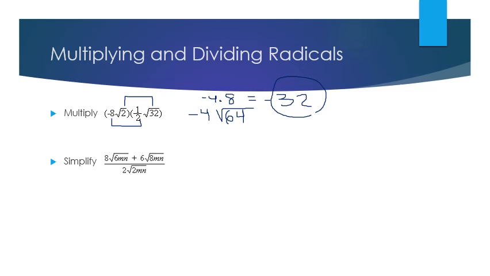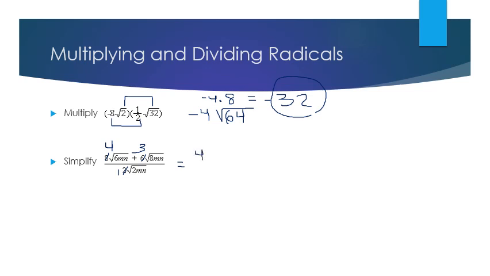All right, what about this one down here on the bottom? It looks pretty nasty. Well, I'm looking and I think I can actually divide every single term by 2. I'll do that first. 8 divided by 2 is 4. 6 divided by 2 is 3. And 2 divided by 2 is 1. Now I'm going to be able to rewrite this slightly.